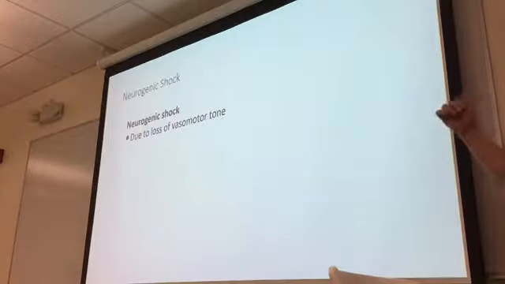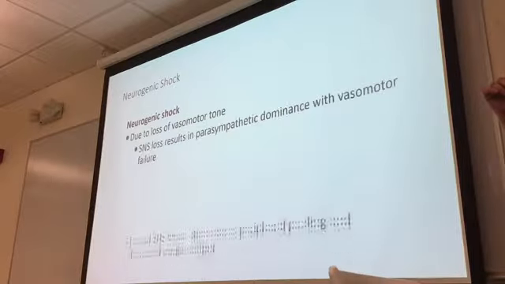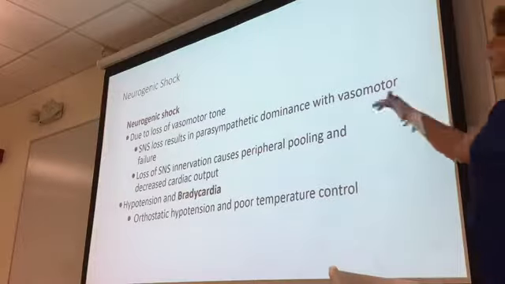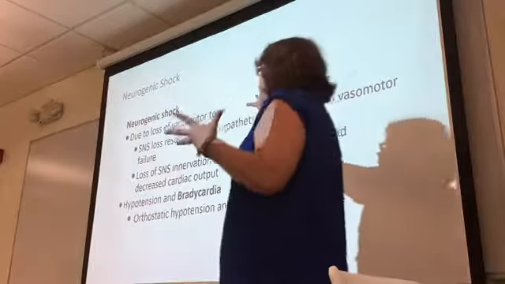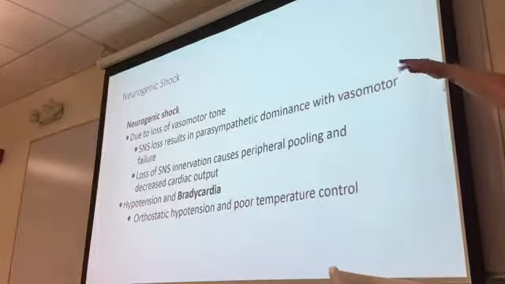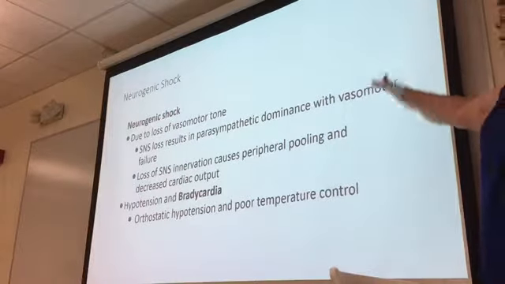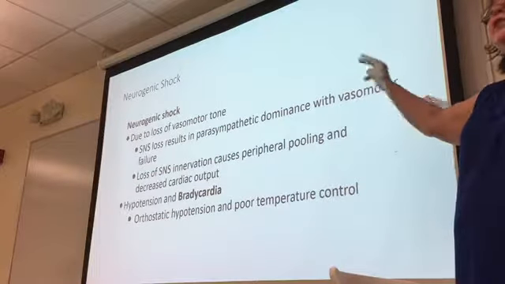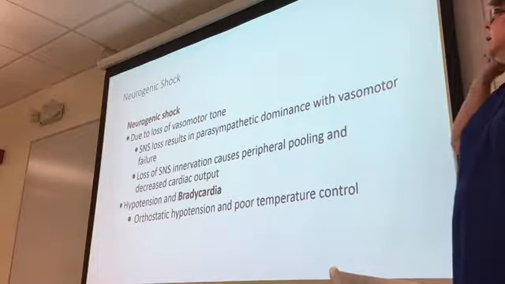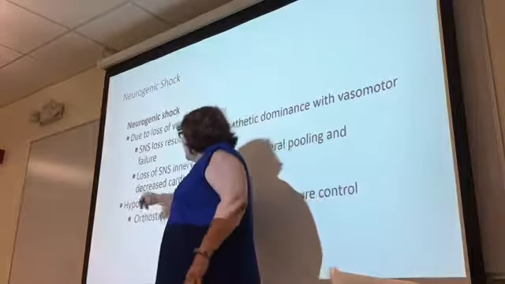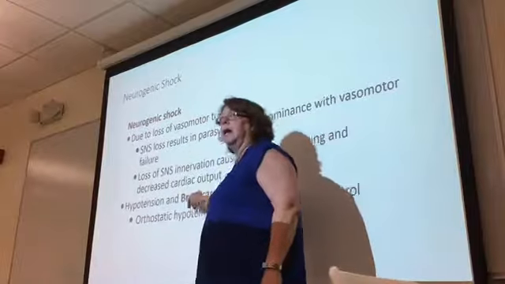Because how are you going to know the difference between spinal shock and neurogenic shock? Neurogenic shock is damage to the nervous system. And again, a sympathetic nervous system loss results in parasympathetic dominance. But this is the one shock where you have hypotension and bradycardia.